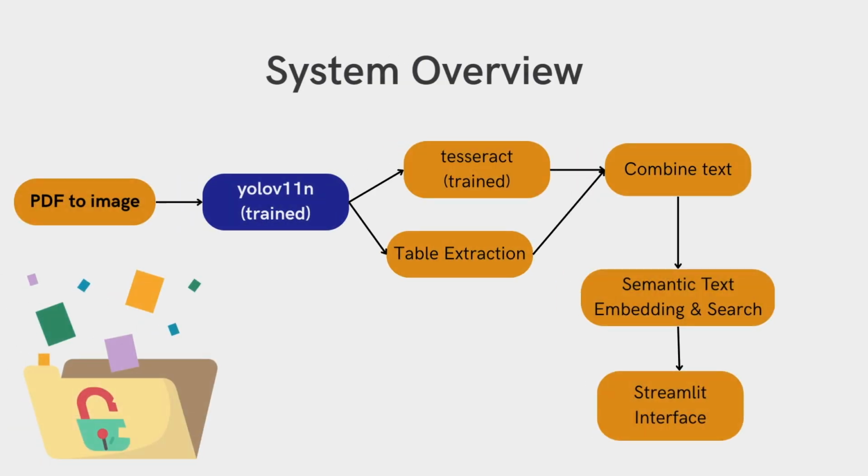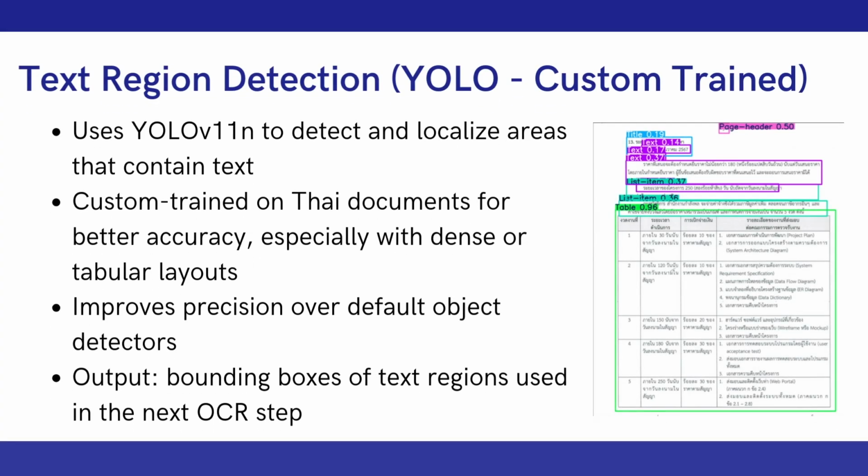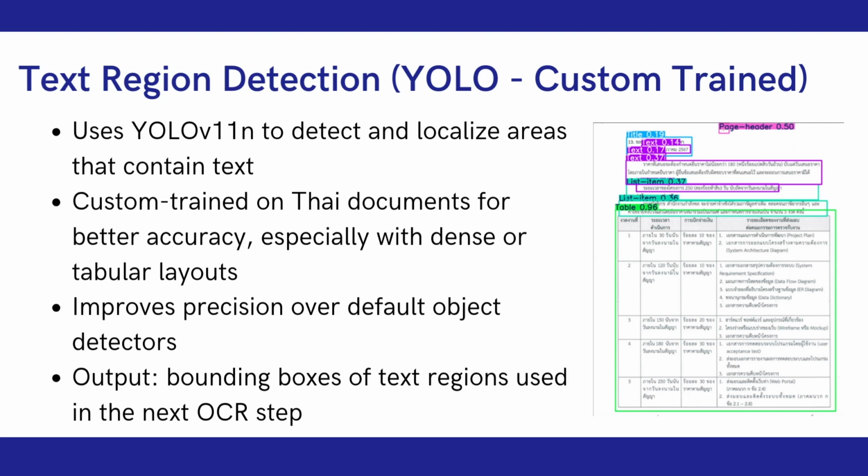The next step, as I mentioned, is YOLO. We use YOLO v11 with custom training. Here's how it looks. We use YOLO v11 with custom training to find where the text is on each page or image. We trained it on Thai documents, so it works better than the default version, especially for pages that have a lot of tables and a lot of text.